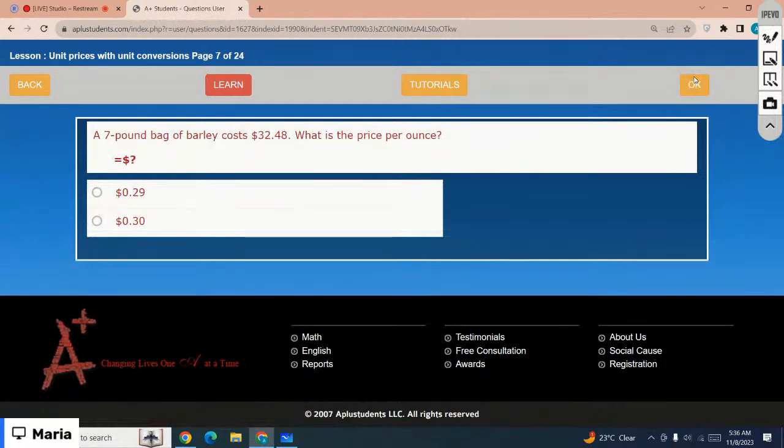A 7 pound bag of barley costs $32.48. What is the price per ounce?